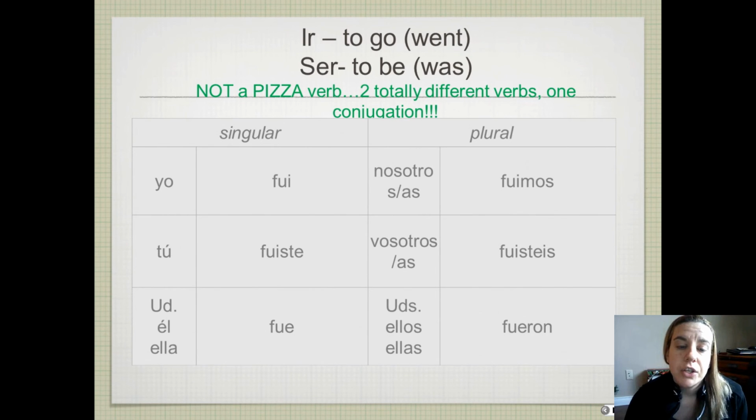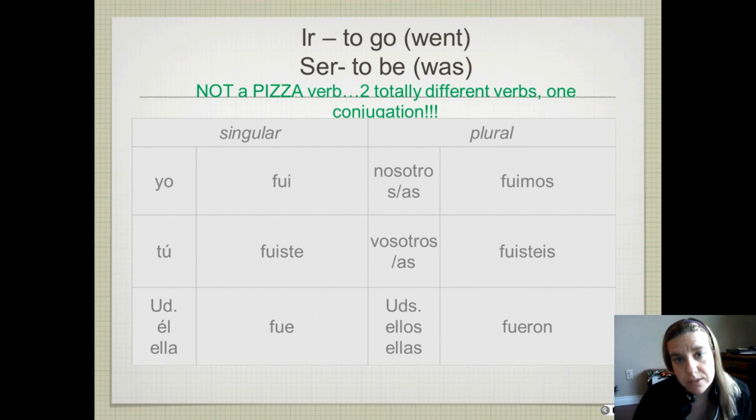And yo fui, for example, can mean I went or I was. It's the same word that can have two totally different meanings. So how would we know which one was meant? Well, by the context. If I said, yo fui a la escuela, it doesn't mean I was to the school.